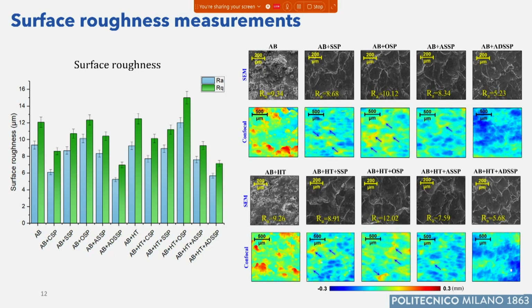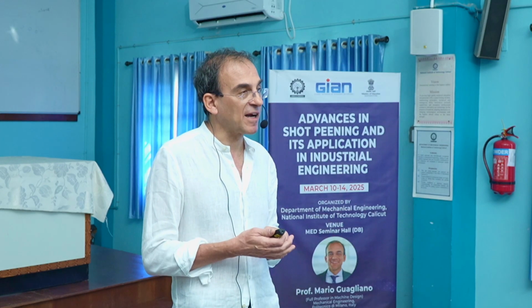So, by means of gradient shot peening, we are able to maintain the same level of residual stress and the same level of grain refinement and microstructural modification, and at the same time get a better surface roughness with respect to the conventional treatment.